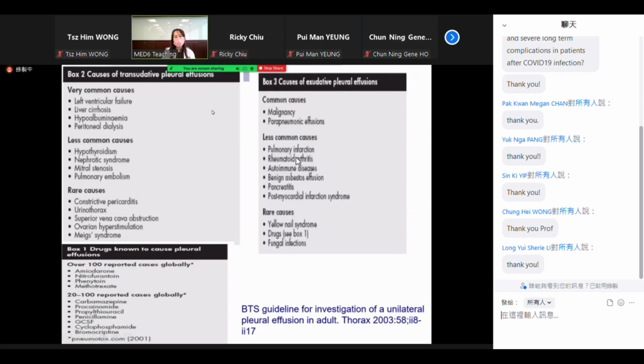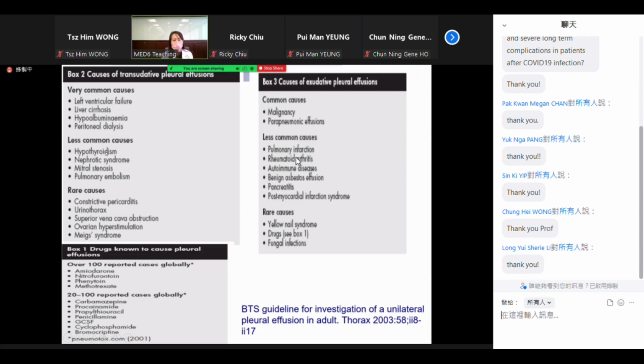There are different causes of transudative and exudative pleural effusion, so we have to classify the effusion as exudative or transudative. Transudative is very easy. Usually heart failure, liver cirrhosis, hypoalbuminemia, or sometimes patients have CAPD, peritoneal dialysis, with a fistula over the diaphragm going into the pleural cavity.